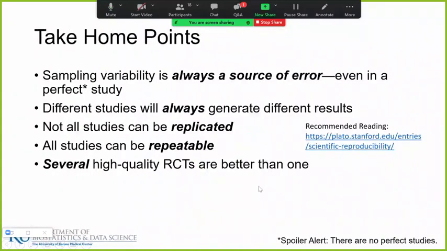Take-home points, sampling variability. Even if we do everything right, we still have to try to take into account its impact. If we're not the one conducting this study, we need to look for indications in the literature that sampling variability was controlled. Look at confidence intervals. Confidence intervals are the best look at the impact of sampling variability. And the p-values, if they're the measure of sampling variability's impact that's being reported, you need to make sure that it's appropriate.